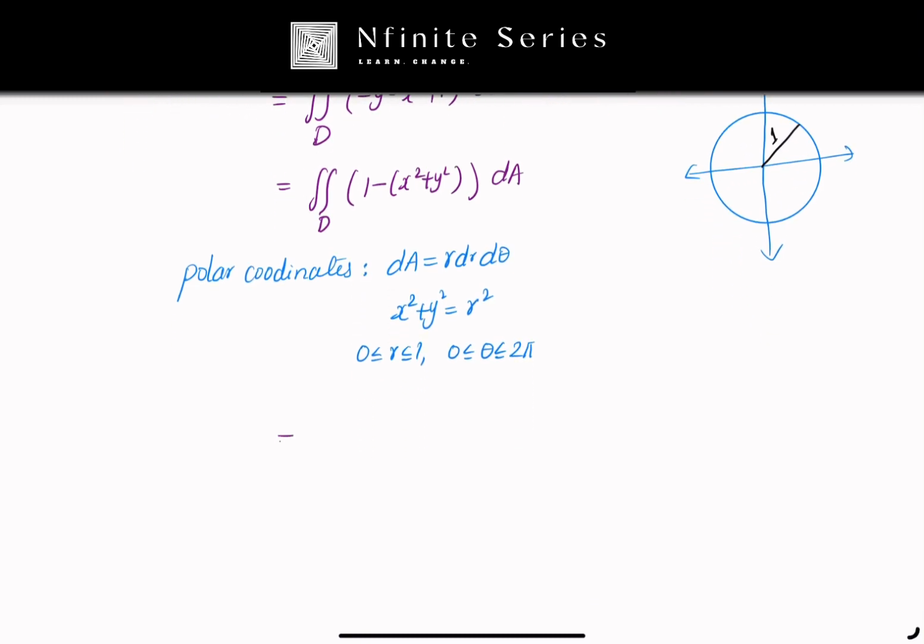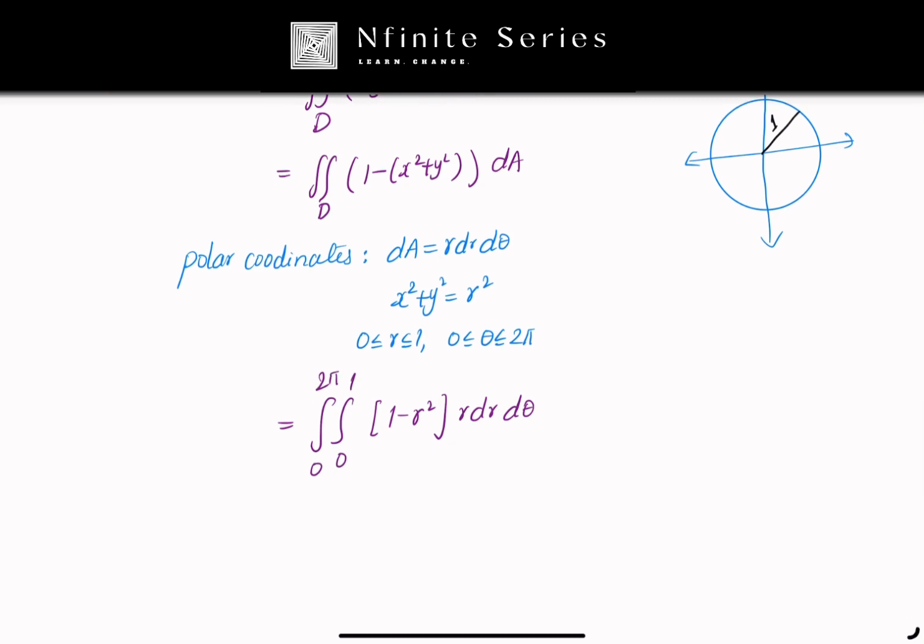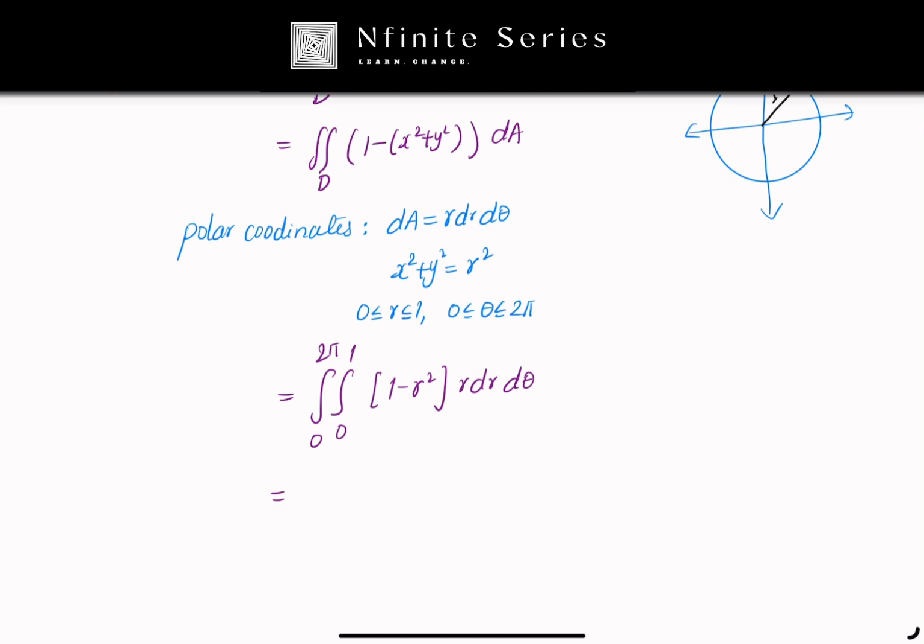With that substitution, the integral gets pretty easy to solve. So the integration of (1 minus r square) r dr d theta, r varies between 0 to 1 and theta between 0 to 2 pi. Now since there is no term dependent on theta, we just separate that integral out.